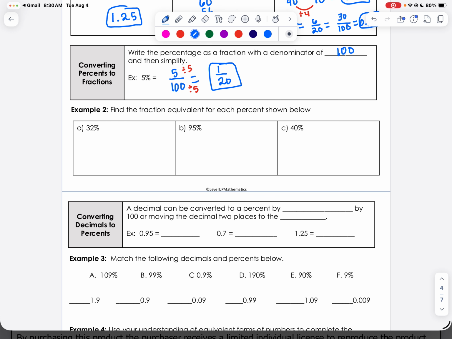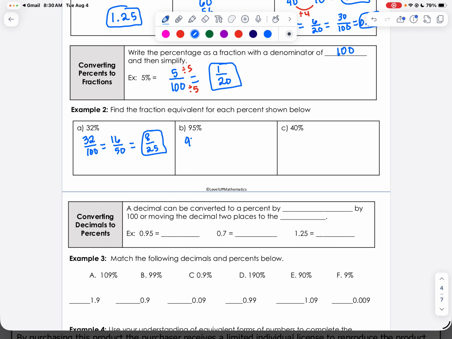All right, 32%. So start off writing it with a denominator of 100 and then simplify that. So if I divide these both by 2, I would get 16 over 50. If I divide them both by 2 again, I would get 8 over 25, and it will not simplify any further. So 32% is equivalent to 8/25.